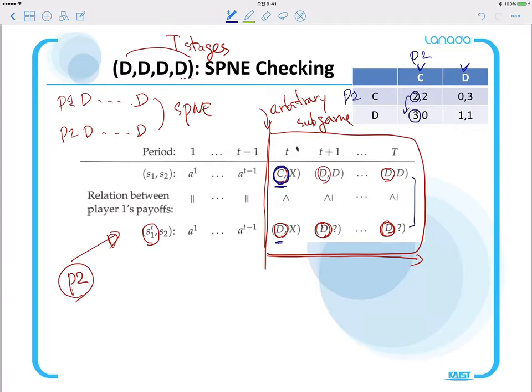Compare 2 and 3, compare 0 and 1. So by choosing D, I have a higher payoff in this stage T, irrespective of how player 2 chooses a strategy.